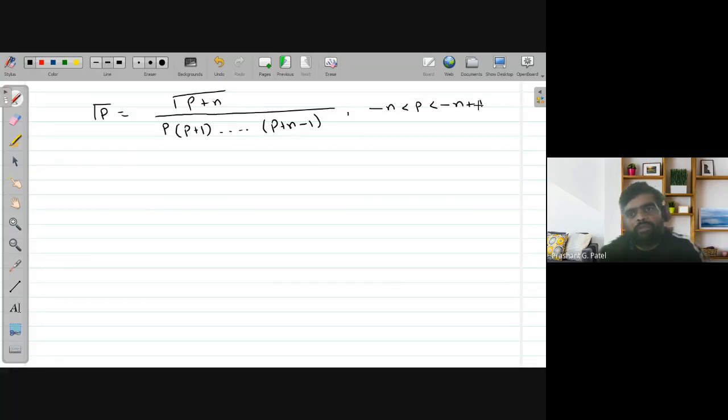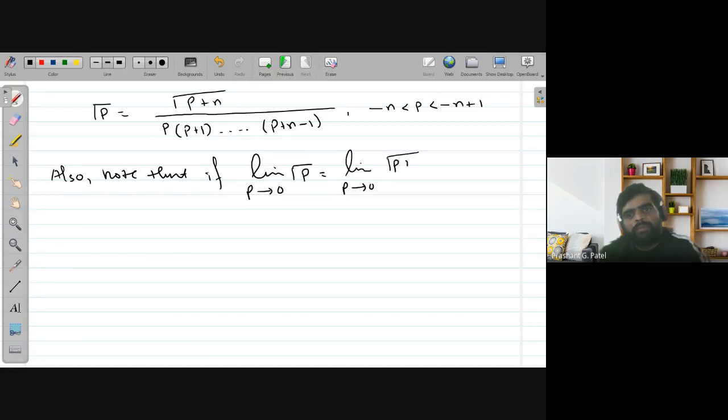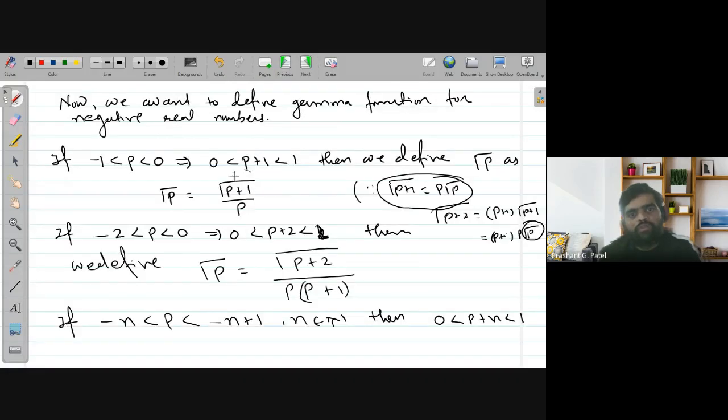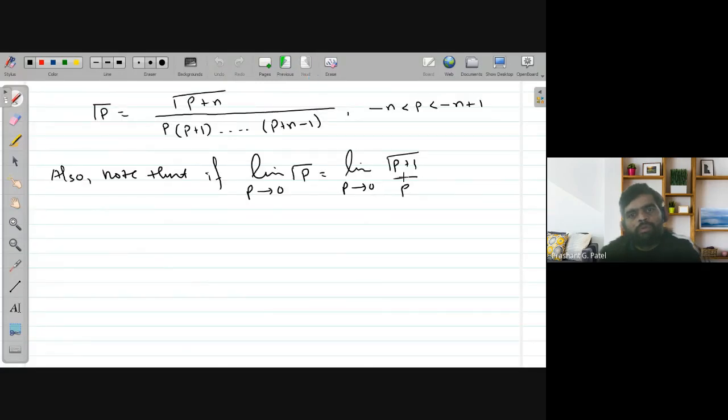Also we can note here that if the limit of p tends to 0, gamma p, as per the definition, gamma p plus 1 upon p, which we have defined earlier, equals... as p tends to 0 the denominator will be 0, so this is infinity, either plus infinity or minus infinity, we don't know.